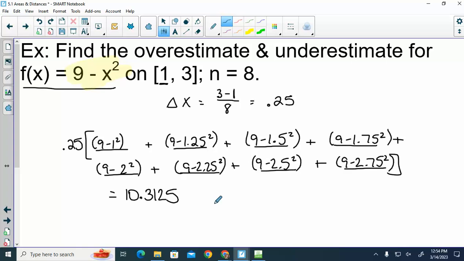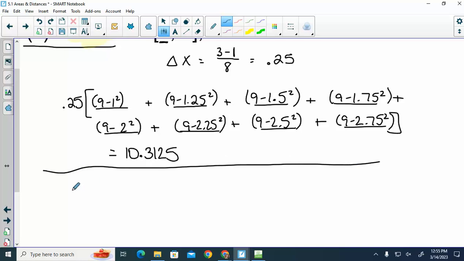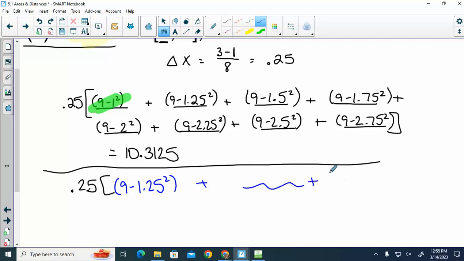So when we plug that in, we get 10.3125. Now for the second one, what is the only difference going to be? So basically what you're going to do is you're going to come back, you're going to take off this first point, and you're going to add another one at the end. So my first point would be the 1.25, and then the others are all the same.